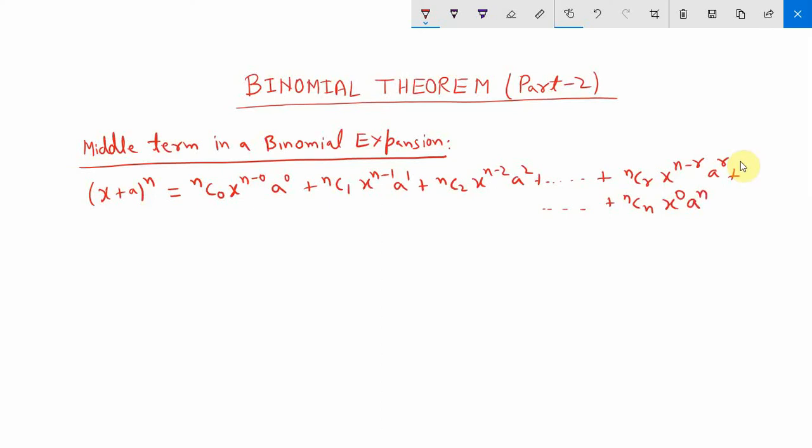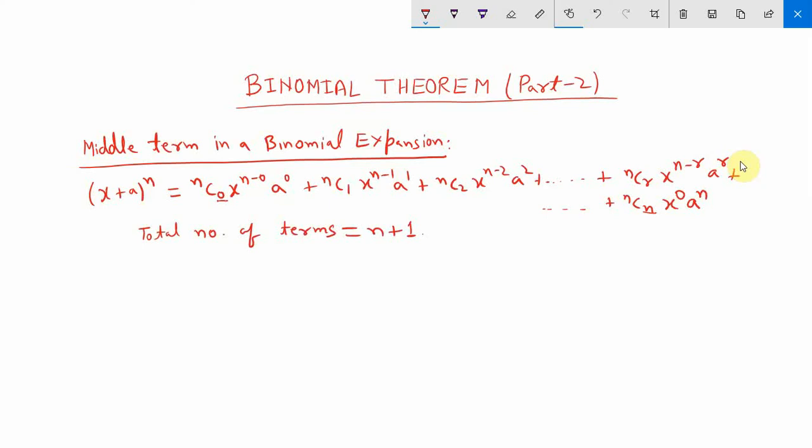Okay. So how many terms are there in this expansion? If we see, it starts from 0 and goes up to n. So including 0, the total number of terms will be n plus 1 in a binomial expansion.